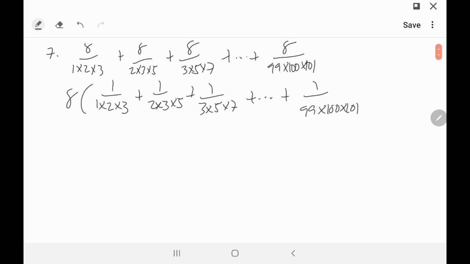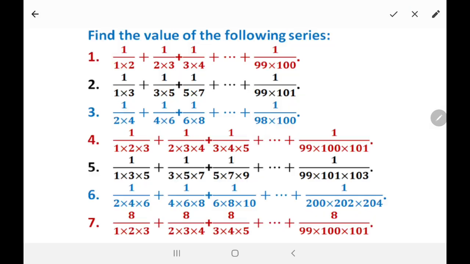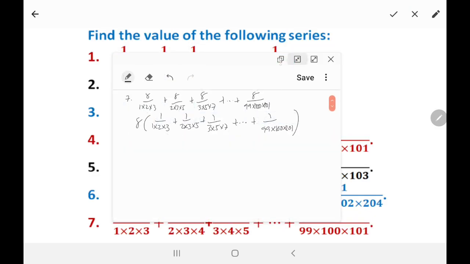But we already solved this one. As I have said, the series inside the parentheses is exactly the number 4 problem, right? Number 4 problem.